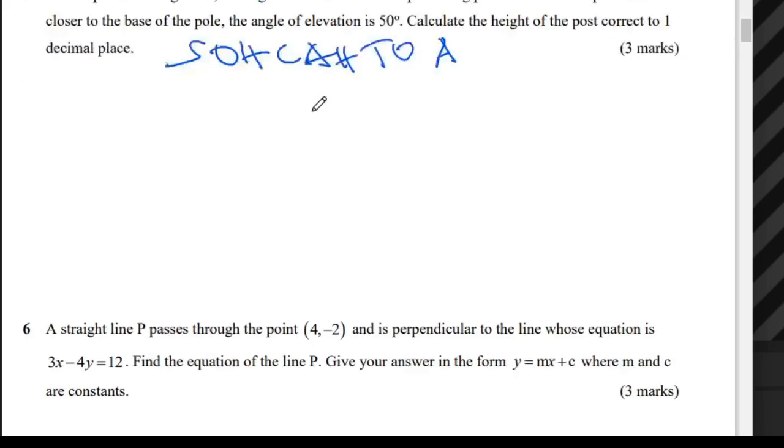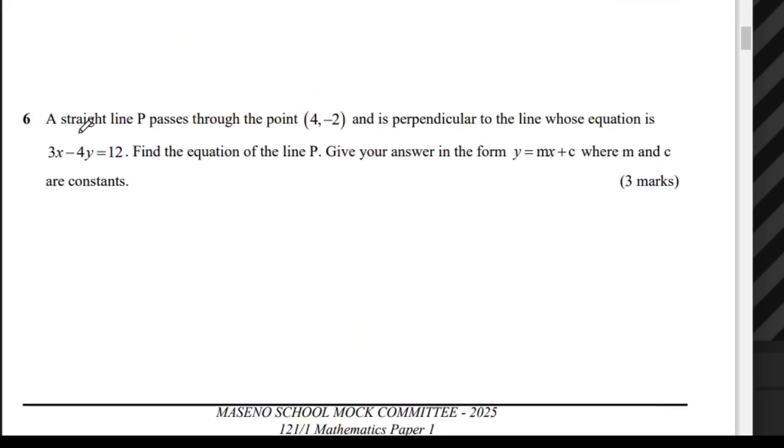As you revise: a straight line P passes through this point and is perpendicular to a line in this. Find the equation of P. Remember, perpendicular lines: if L1 and L2 are lines, let M1 be the gradient of L1 and M2 be the gradient of L2.